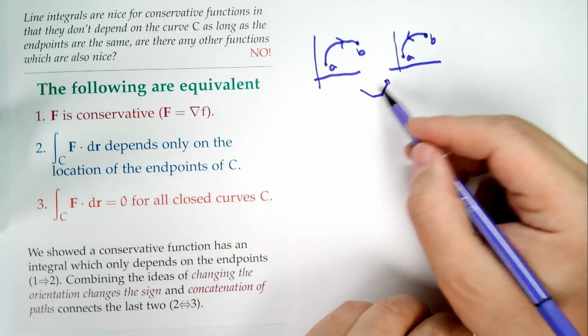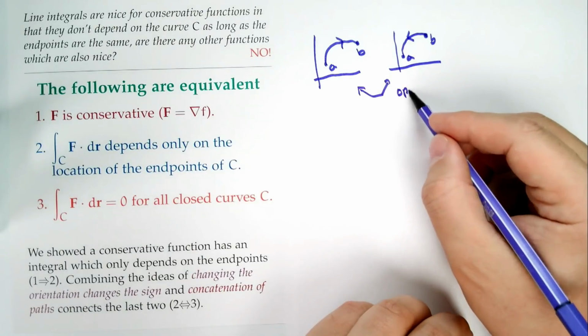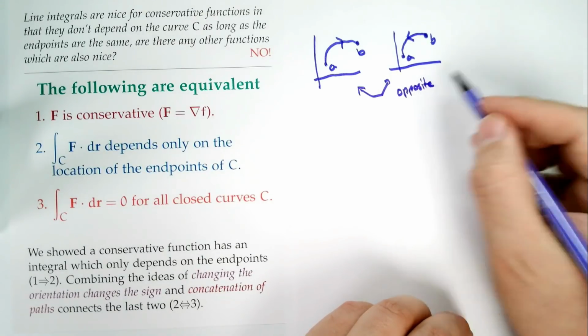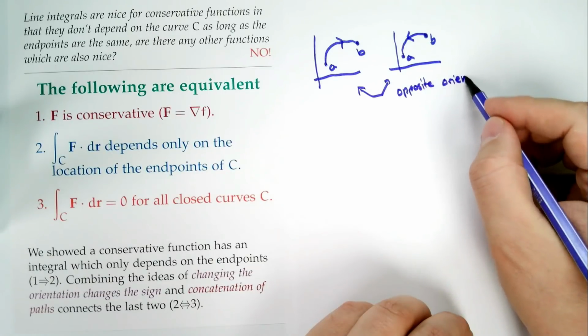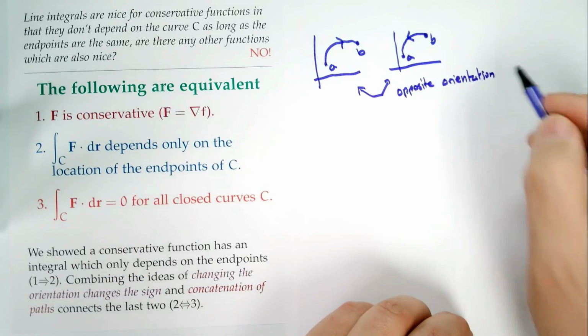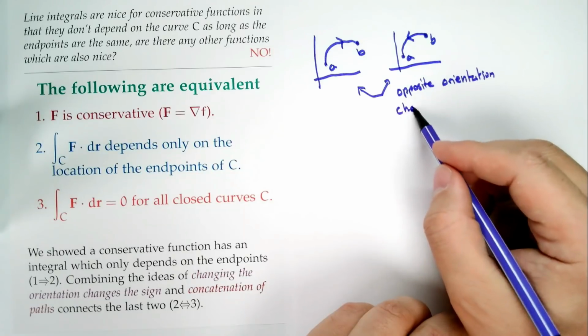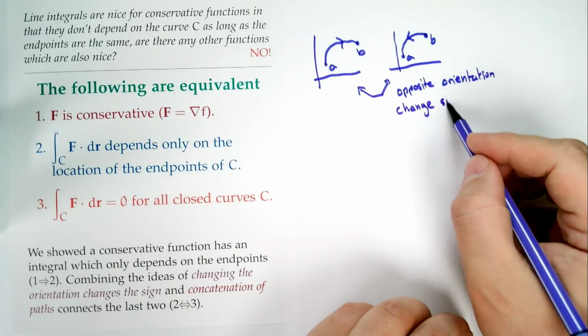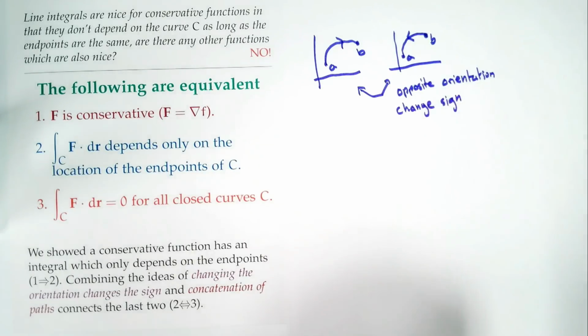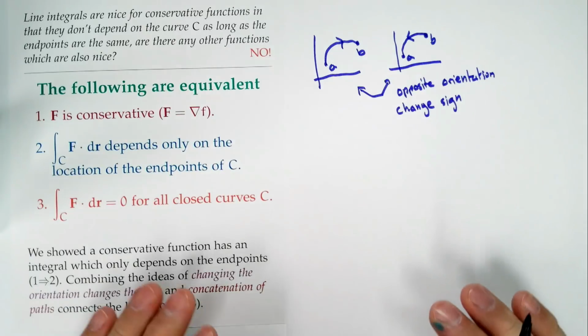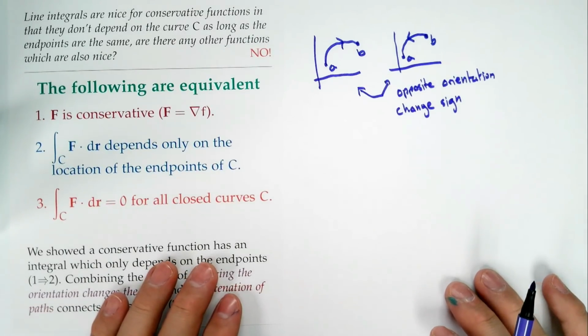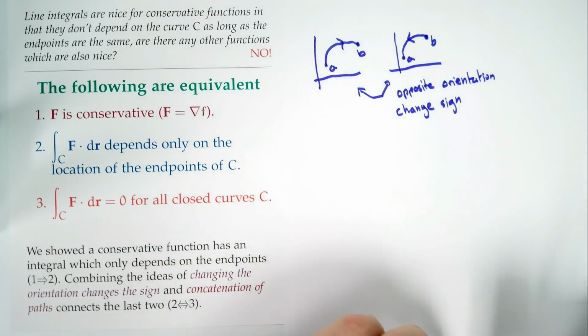These have opposite orientation, and the important thing is that when you reverse the orientation, you're going to change the sign. So where one is positive, the other one will be negative. Where one is negative, the other one is positive. In fact, that's the only thing that changes. So whenever you change the orientation, you're going to change the sign. Orientation is going to be really important in the next couple of lectures.